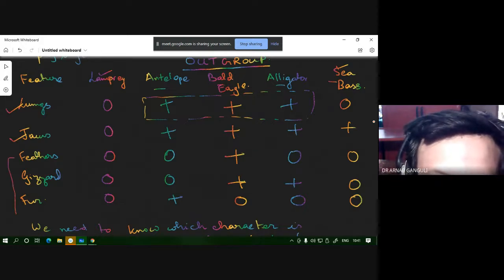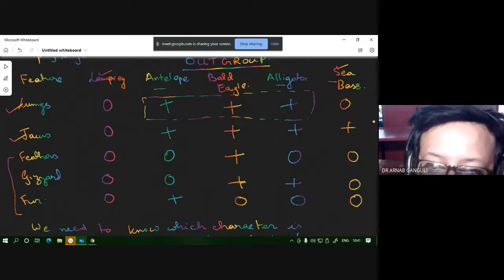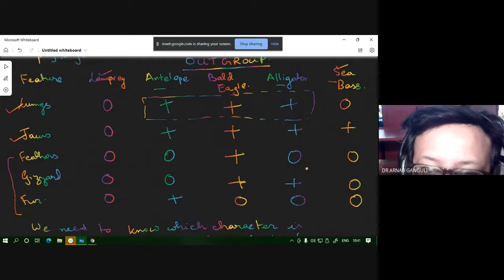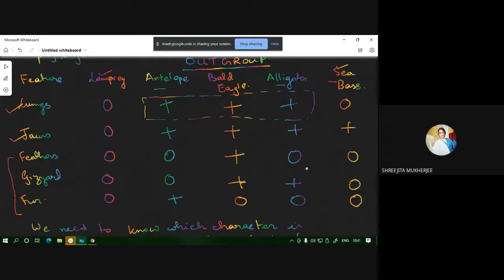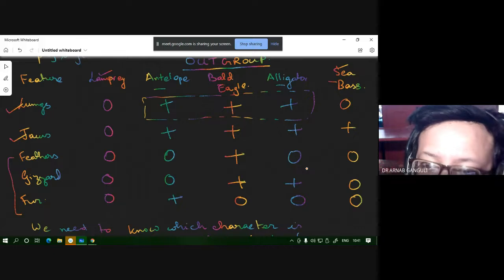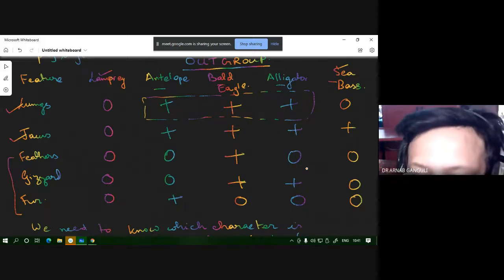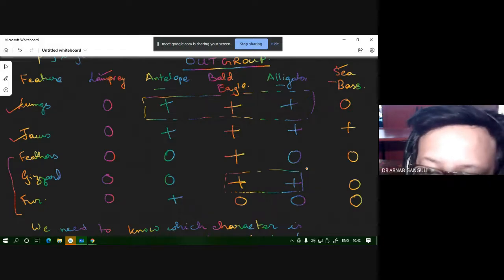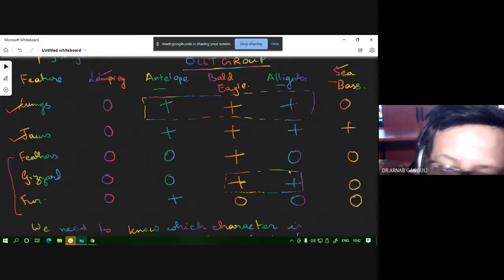Feather, gizzard and fur. ঠিক আছে? Feather and gizzard are present in whom? Feather is in the bald eagle, and the alligator has no feather. Gizzard is the point which is present. Then we find a point which is found only in antelope. That is fur.